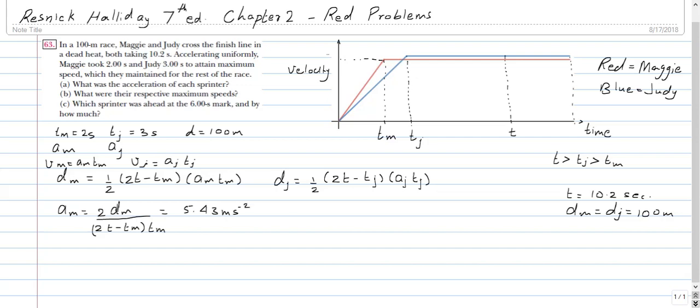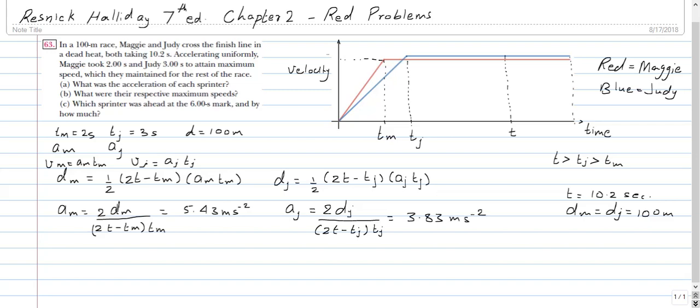Similarly, if we put the values for aj, it's going to be 2 times dj divided by 2t minus tj times tj, and if we put dj as 100, t as 10.2 seconds and tj as 3 seconds, we get aj as 3.83 meters per second square.